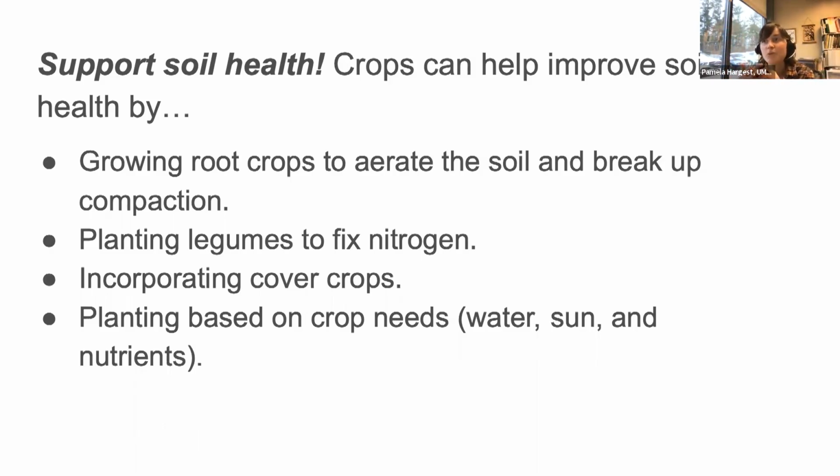So there's a lot of different ways you can support soil health. The first thing I should say, and I probably should have included this on my list here, is regularly doing a soil test. So doing a soil test will allow you to keep an eye on the different major and micronutrient levels in your soil, what the pH is, how much organic matter you have.